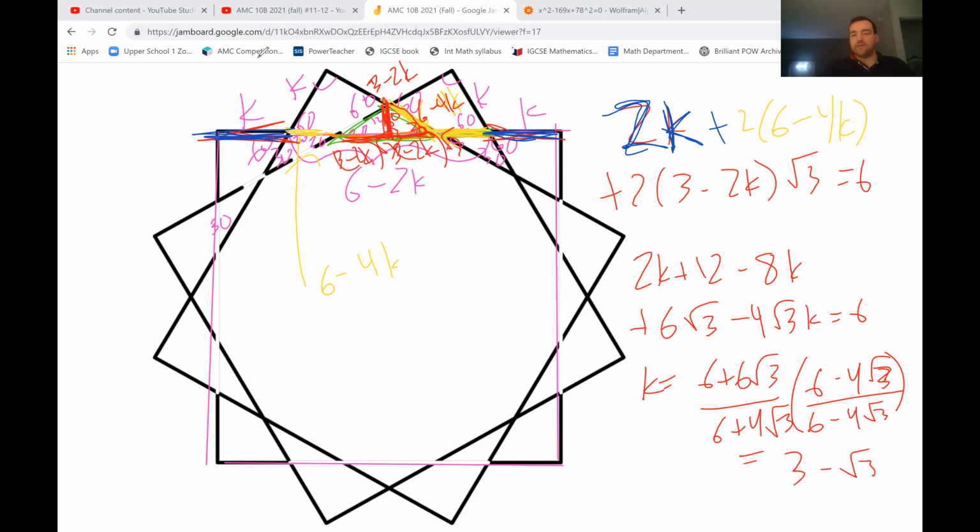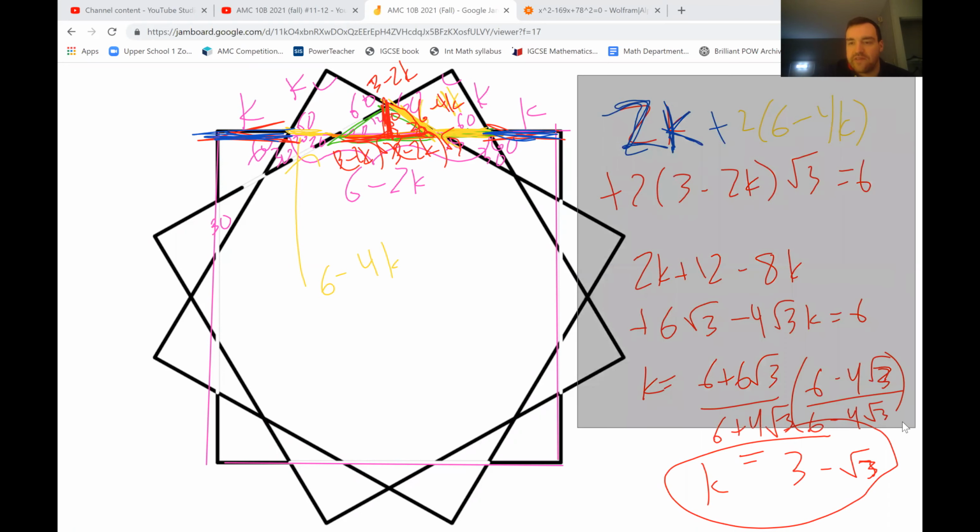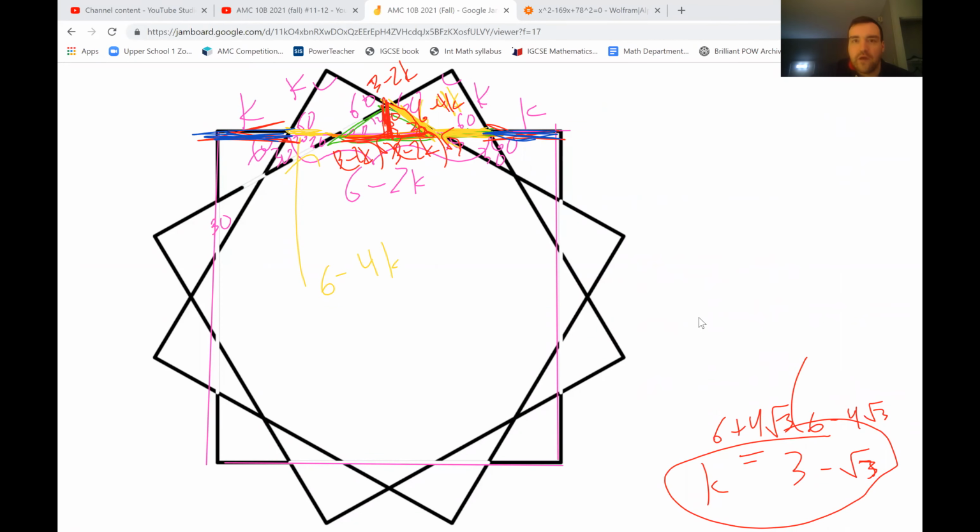I'm just getting straight to the point because I think it's boring to watch all the arithmetic, and you can show the steps yourself. So now we know that k is equal to 3 minus root 3. I'm going to erase this. If you want to look at this again, you can rewind or take a screenshot or whatever.